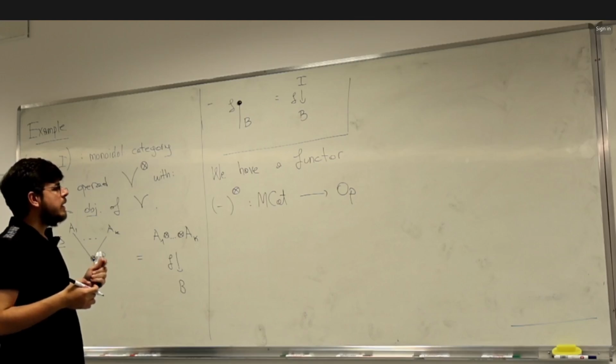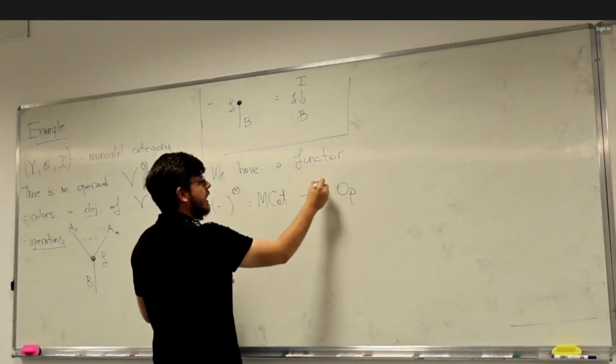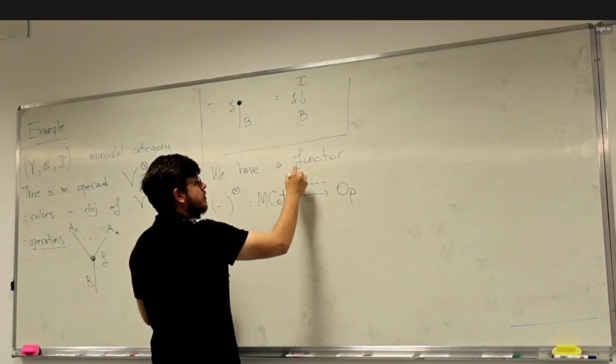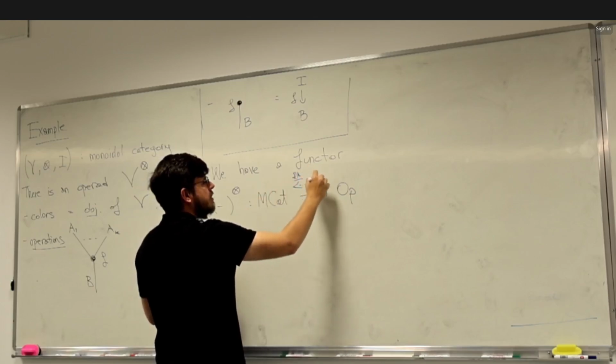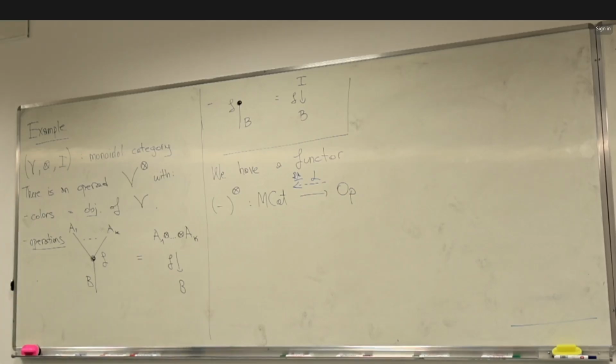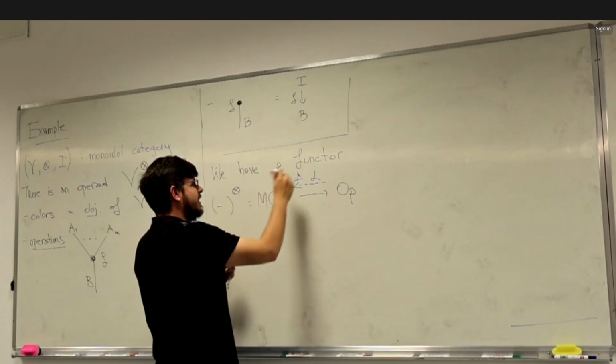And now this functor has a left adjoint, and it's a very important functor called monoidal envelope. Yes, this is left adjoint. Thanks.